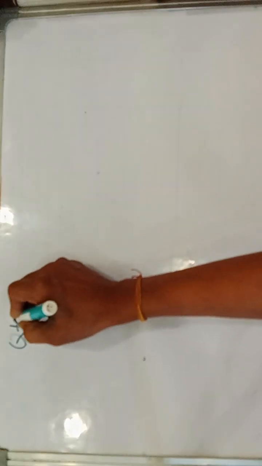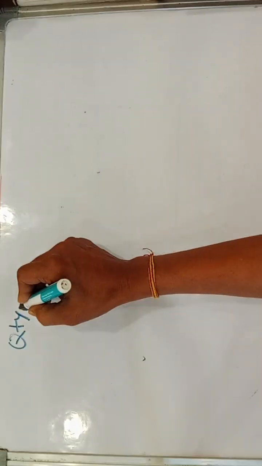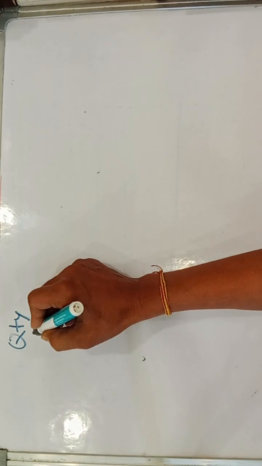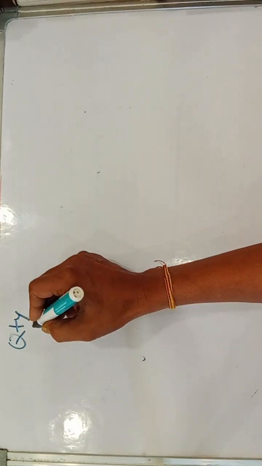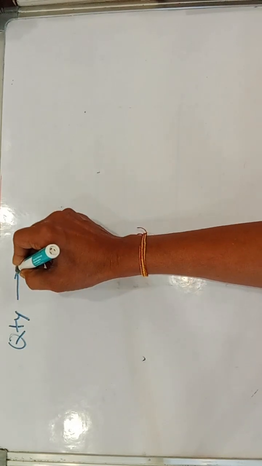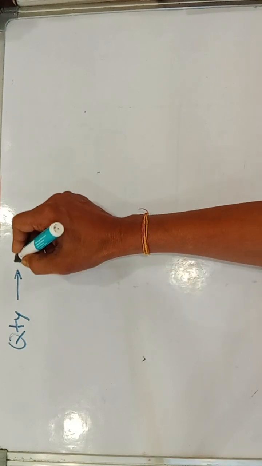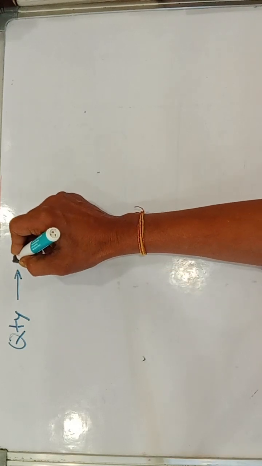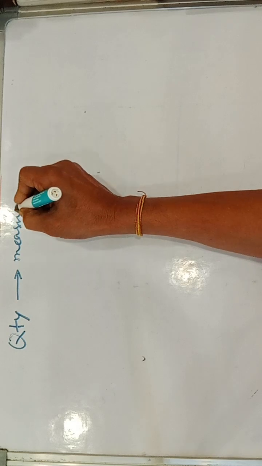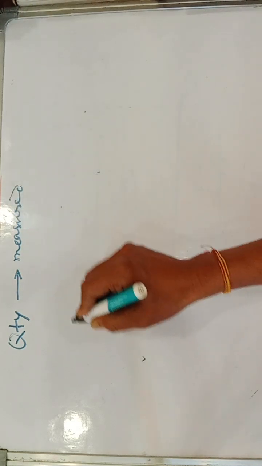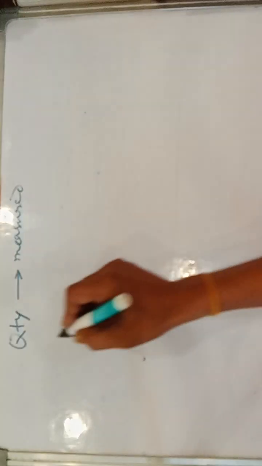In physics, we defined what is quantity. Quantity is the material or item to be measured. In physics, we will say any material or any item that can be measured will be termed as quantity.